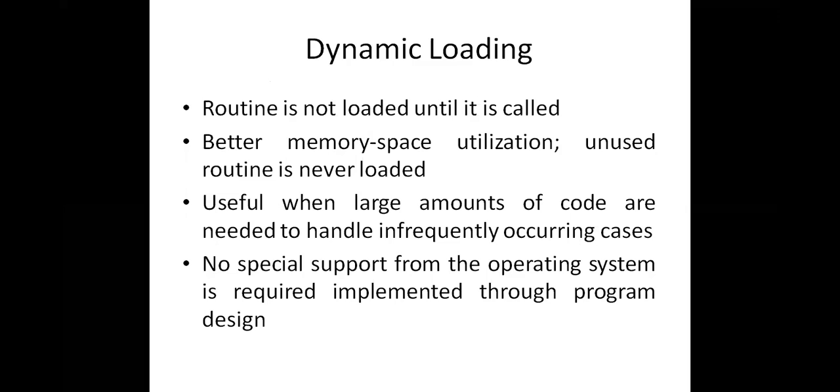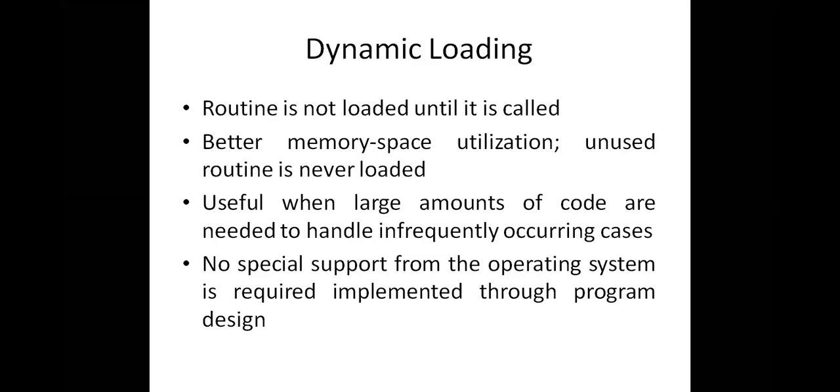So in some situations, whenever you want to run a particular module, better you should not load the entire program, and you should not allocate entire memory to the program at once. Why? Because during its execution, the program needs might change.